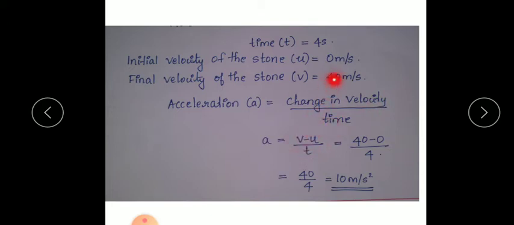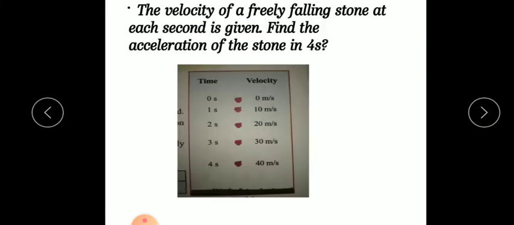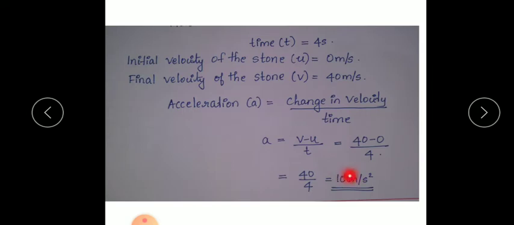Here v is 40 minus 0. 40 minus 0 is 40, divided by 4 seconds. 40 divided by 4 gives 10 meter per second square. So the acceleration of the stone in 4 seconds is how much? 10 meter per second square.